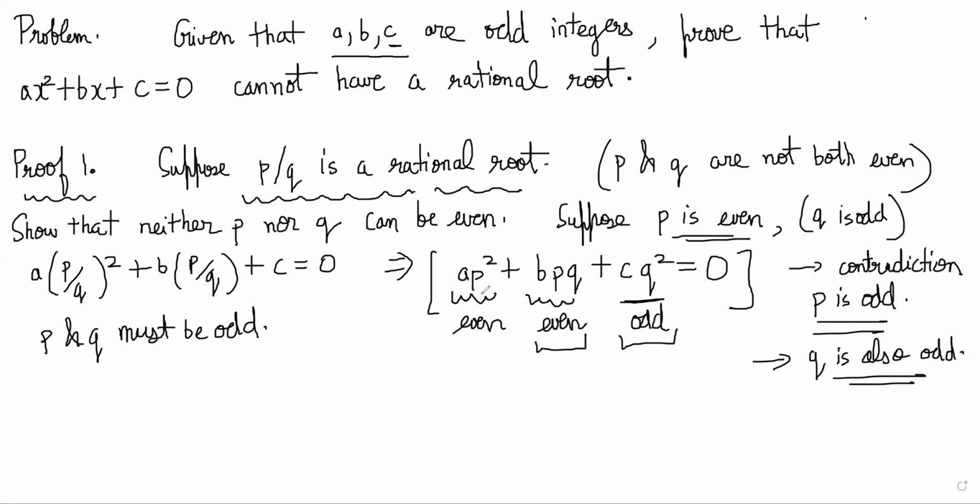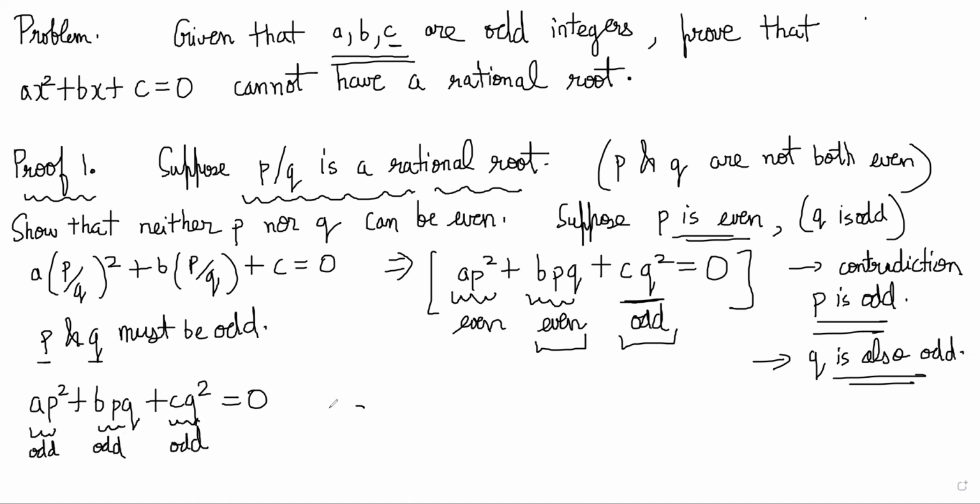And then what happens to the expression ap squared plus bpq plus cq squared equal to 0? We already know in the question that a, b, c are odd. If p and q are also odd, then this term is odd, this term is odd, and this term is also odd. So again, we come to a contradiction, because the sum of three odd numbers cannot be 0.